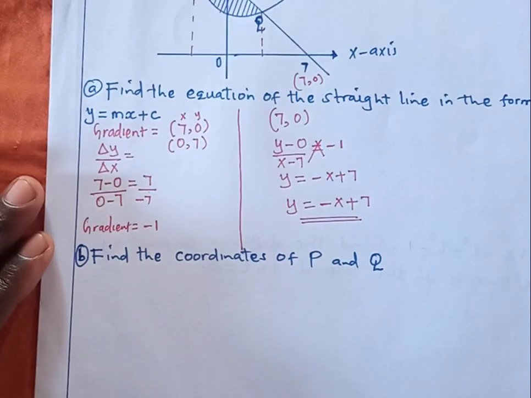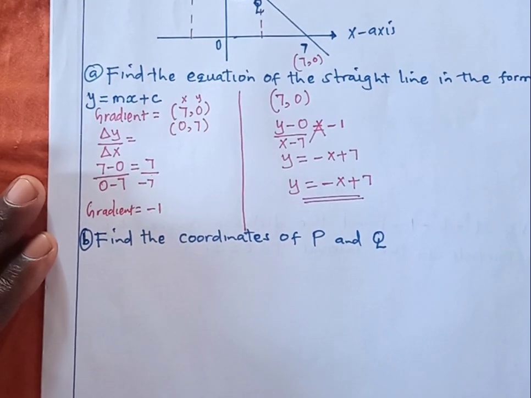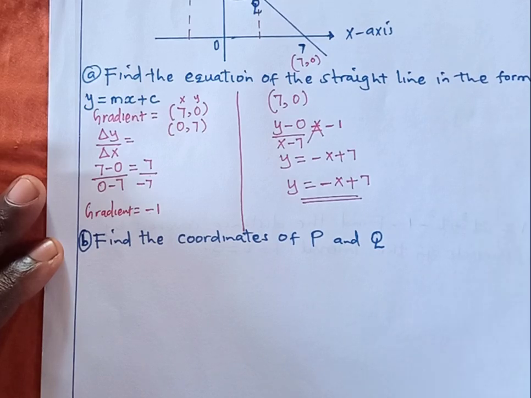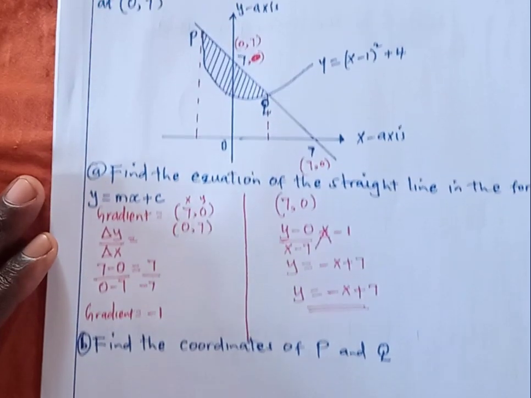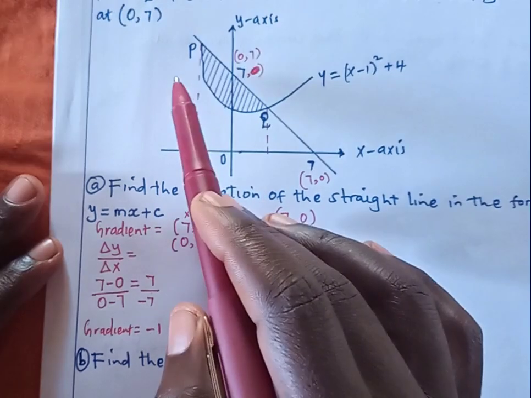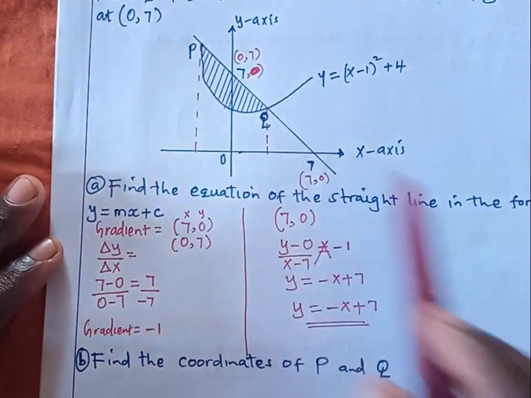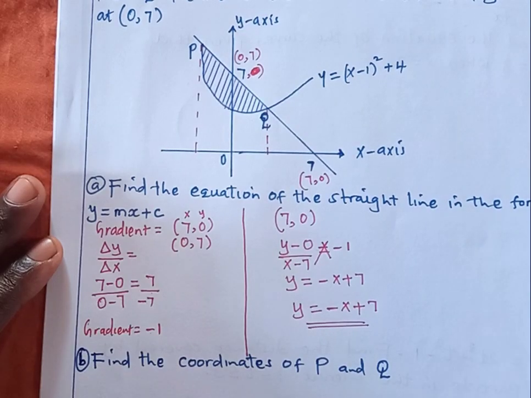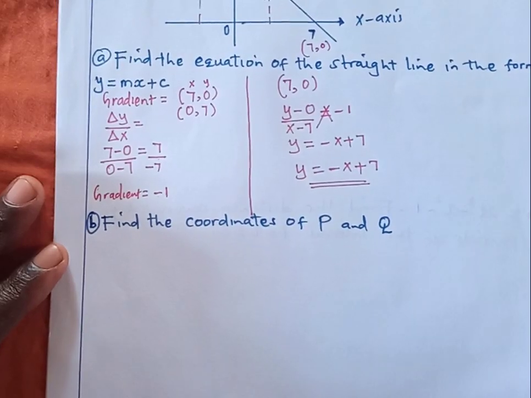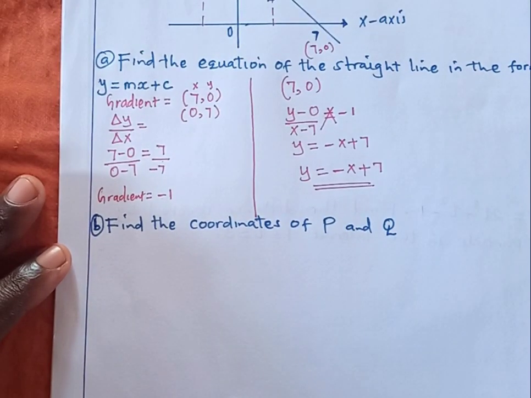Now let us move to the second part that says find the coordinates of P and Q. Where are these points? This is where we have point P, and down here we have point Q. There is something we need to remember under this part that is very important.